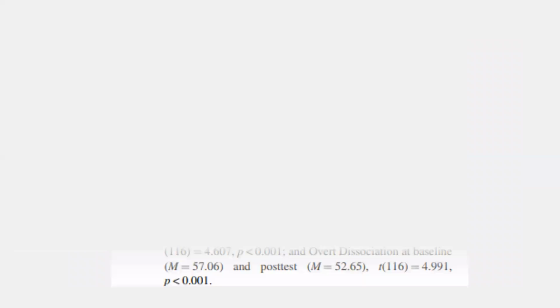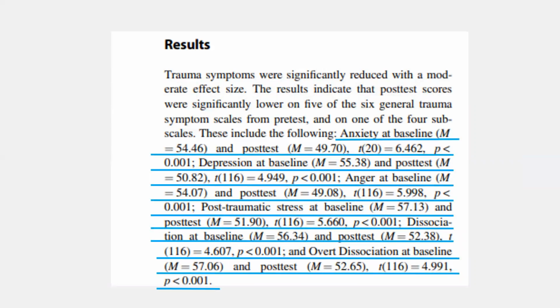So that's why it was a related samples t-test. Their results that you can see here, they did a whole host of repeated measures or related samples t-tests on anxiety, depression, PTSD, dissociation. Again, this was subjected to a related samples t-test because every individual is being compared to themselves, and you're obviously not independent from your own personal scores at time 1.